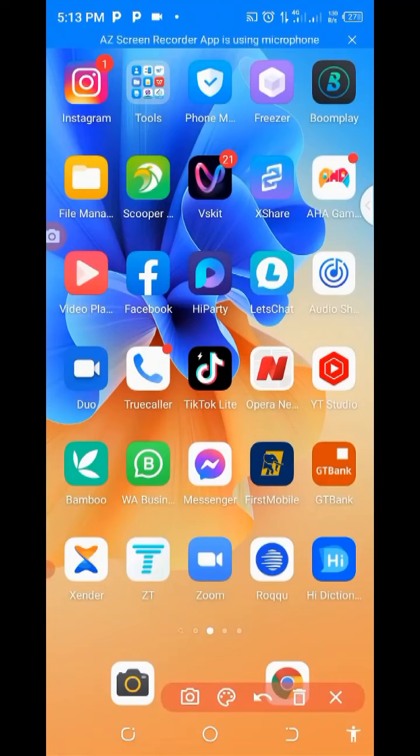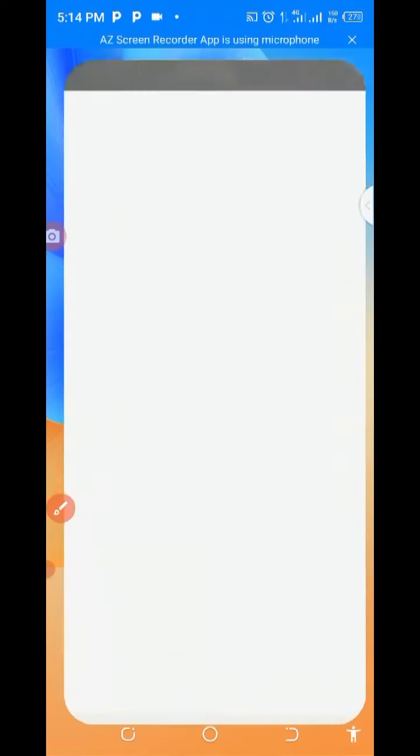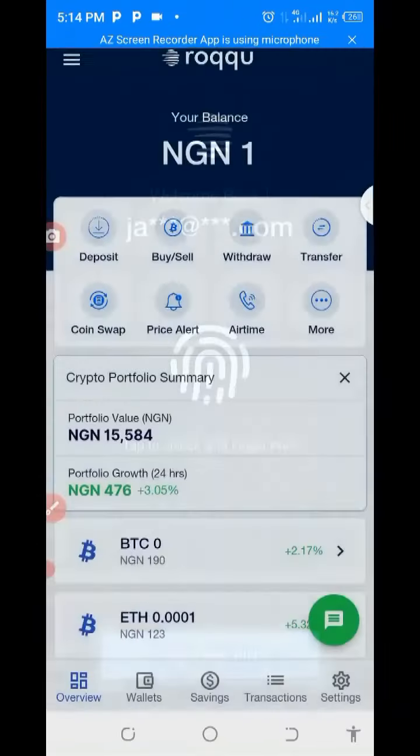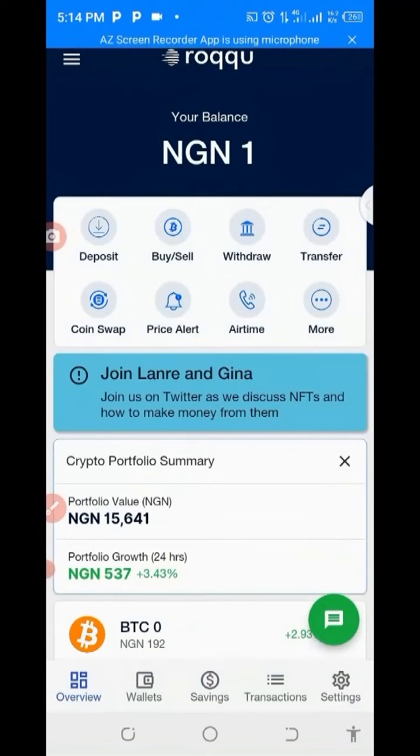The first thing to do is to go to Roku. You click on it. You sign in. Now, there is something I want you to understand in this cryptocurrency.